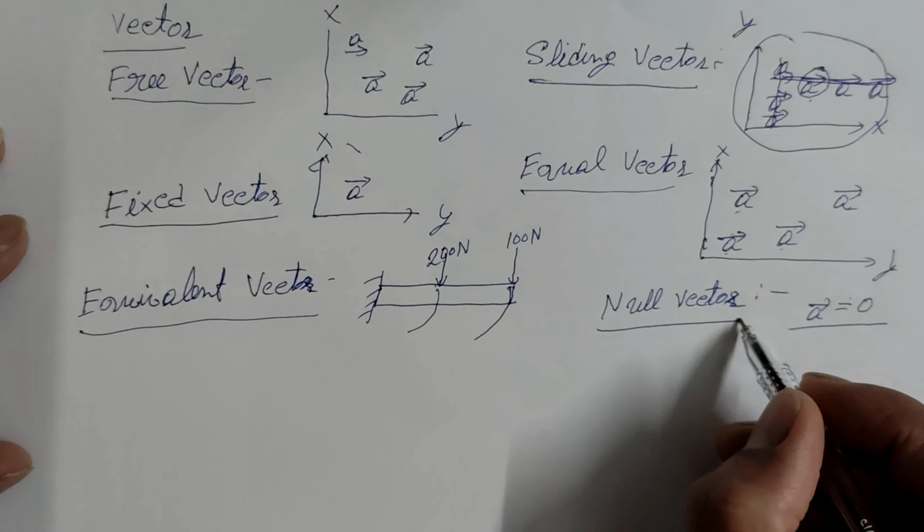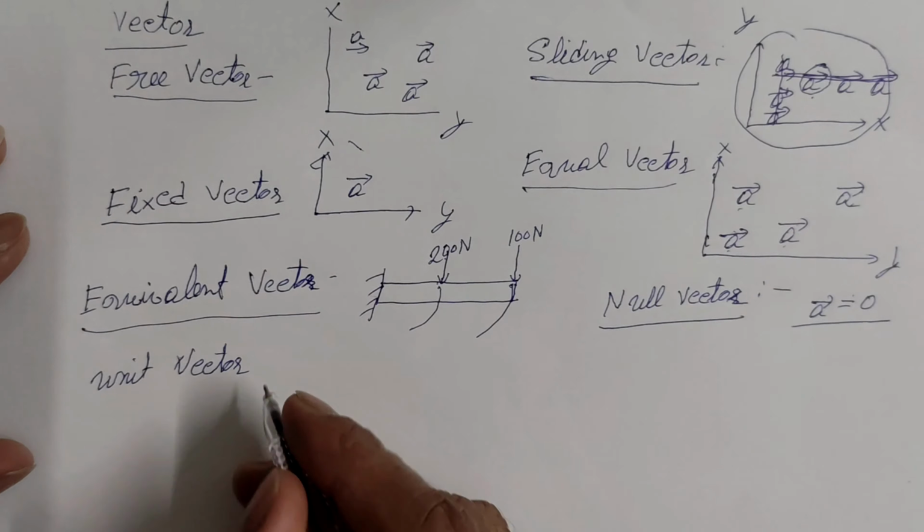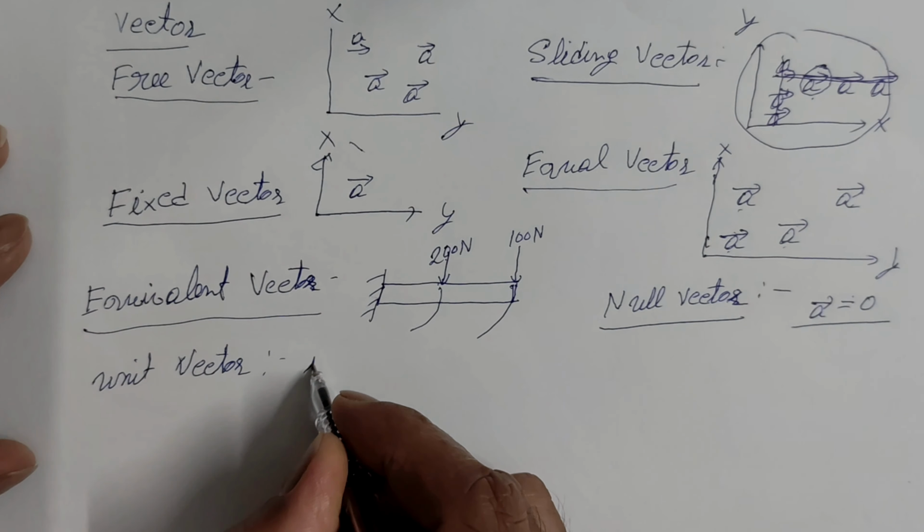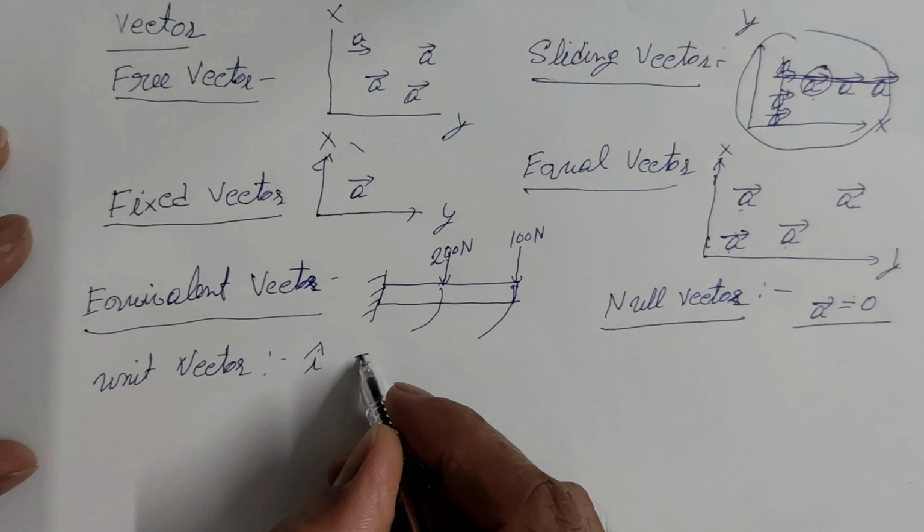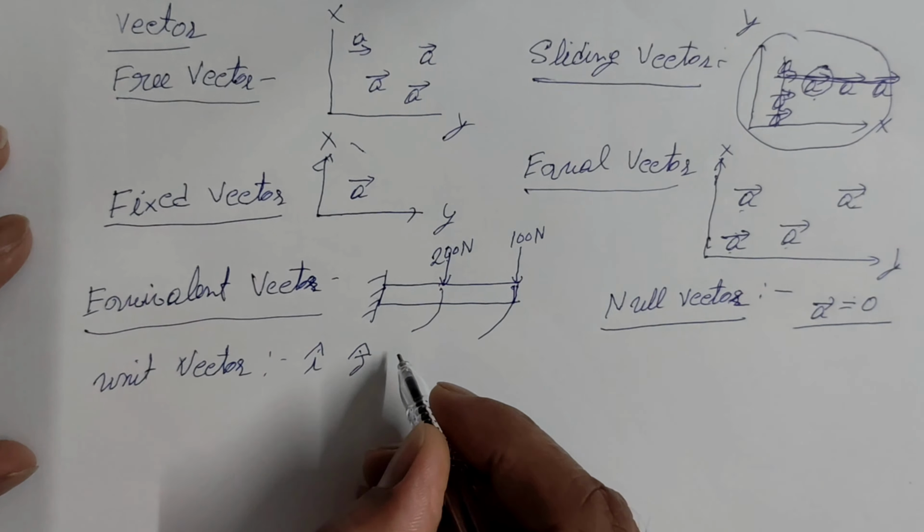Next, the unit vector. What is a unit vector? Normally we call i cap, j cap and k cap unit vectors, because the magnitude of these vectors is unit and constant, that's why it is called a unit vector.